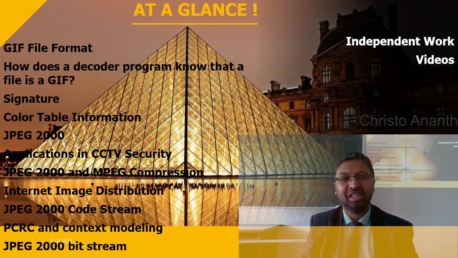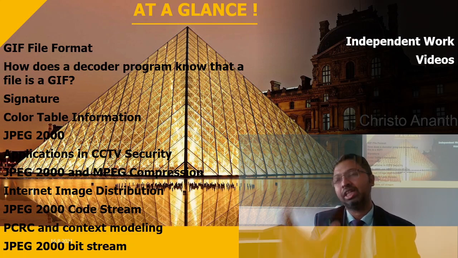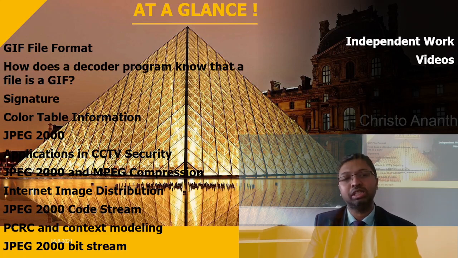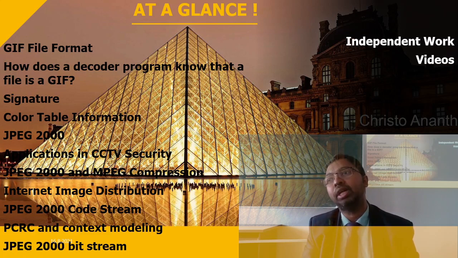In this class, we discuss the GIF file format. How will the decoder program know that a particular file is a GIF? Then we'll discuss the signature and the color table information. Then we discuss JPEG 2000, its application specifically in CCTV security, and of course MPEG compression.